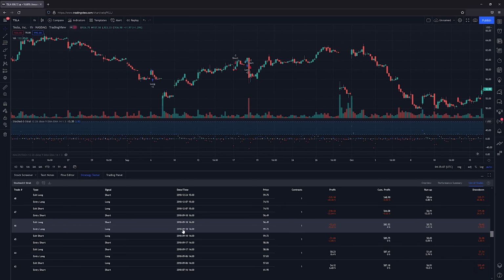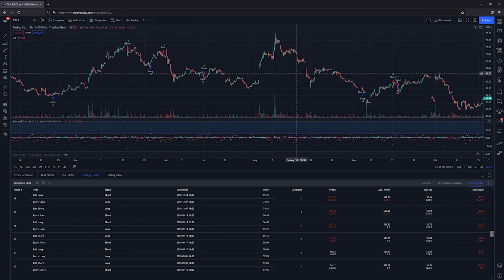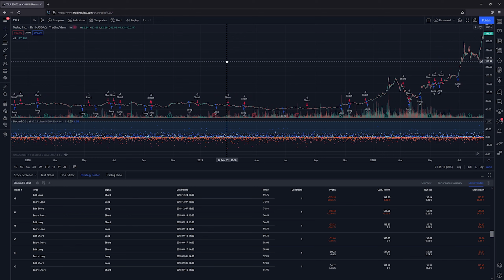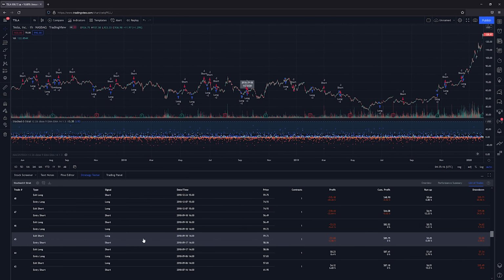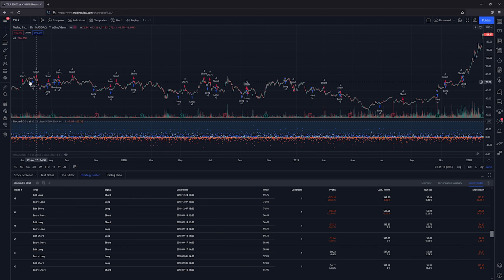Click 45. Actually, I'm going to zoom this out. Okay, now I'm going to click on 45. Okay, so we were moving sideways. I don't see much of a difference at 45, but then there is quite a big difference right here. Really turned bearish for us for a couple months.